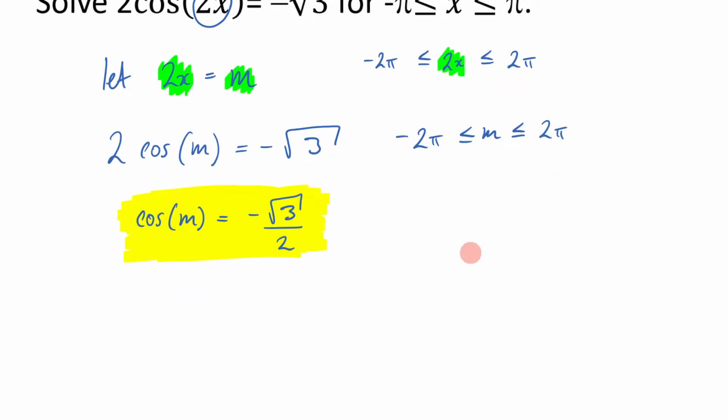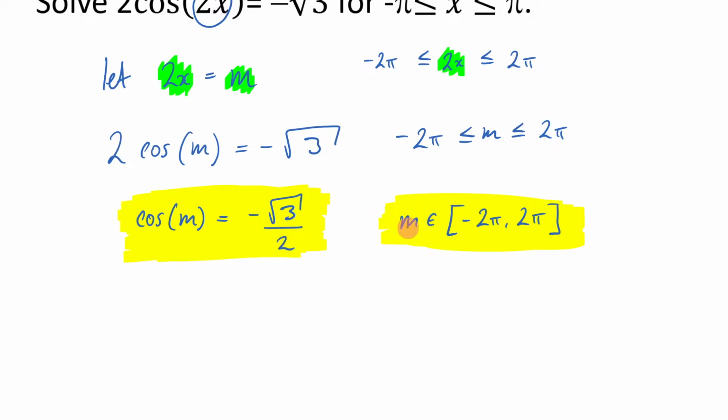And now I could say, well, m is an element of negative 2 pi to 2 pi. And just like that, I am done. Okay, we now continue. I've got it in this form now, which is nice.